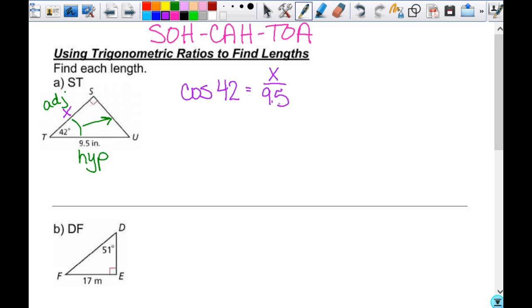You solve for x. What do you do to solve for x? Multiply both sides by 9.5, so you get x equals 9.5 times the cosine of 42. Okay? That is your exact answer. Then you can type that into the calculator if you are in the correct mode.